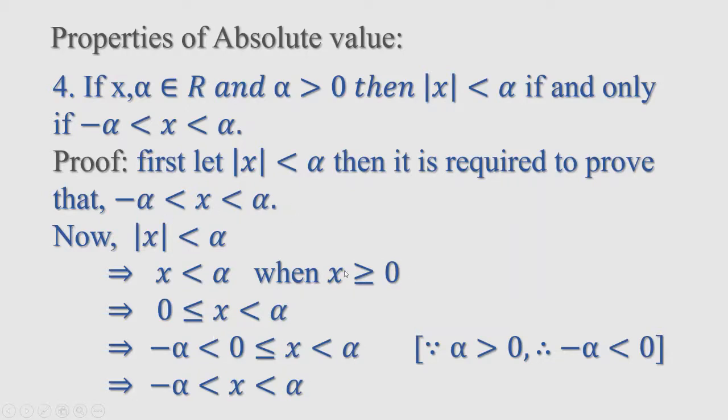Now when x is negative, modulus of x equals minus x. That implies, multiplying both sides by -1, you get x greater than minus alpha.